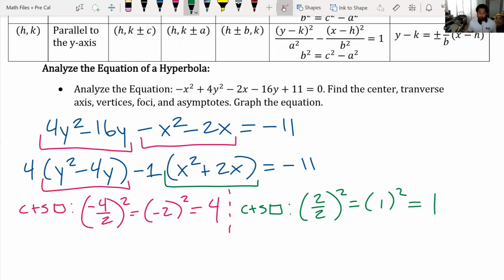Okay. Now, the next steps are to add in those numbers to both sides.